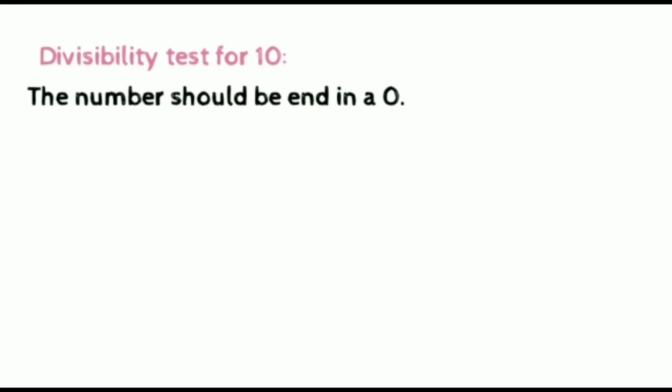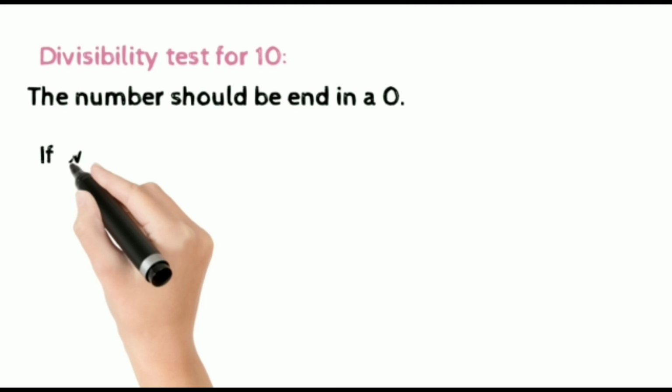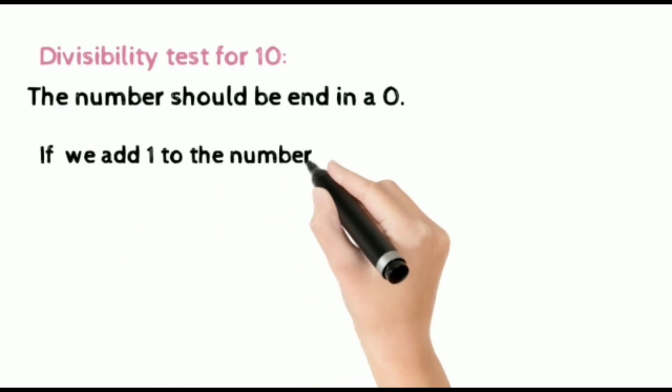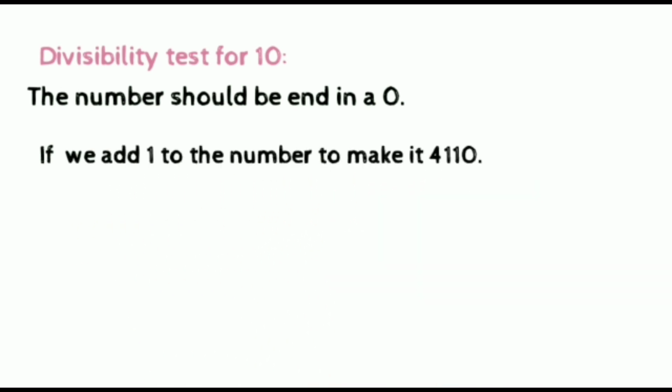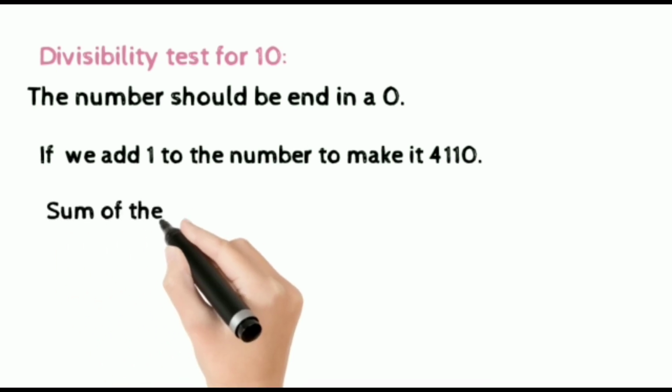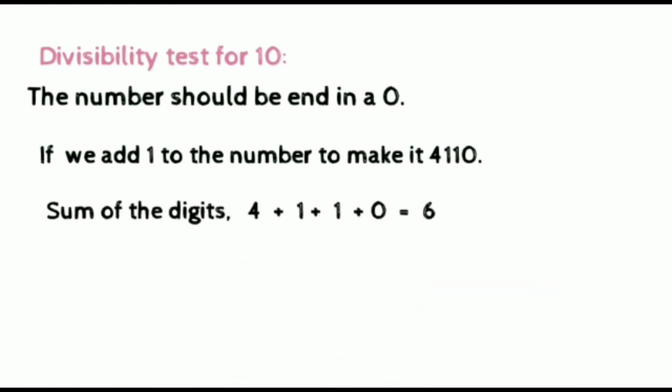Next, we can check both the rules. If we add 1 to the number to make it 4110, the sum of the digits 4 plus 1 plus 1 plus 0 is equal to 6. That can be easily divided by 3.